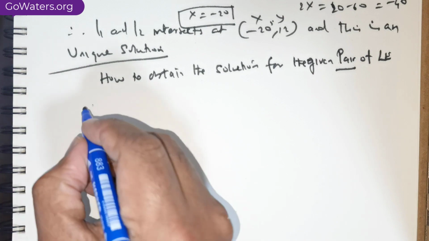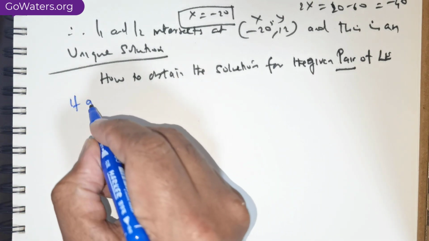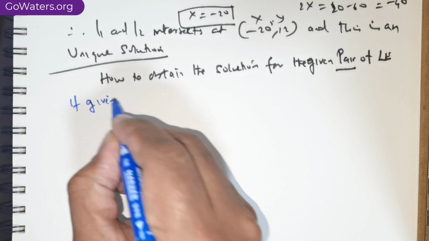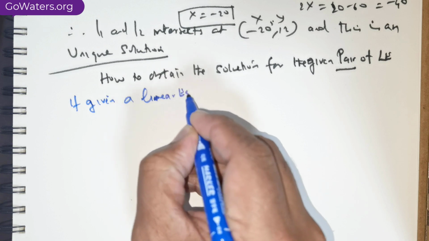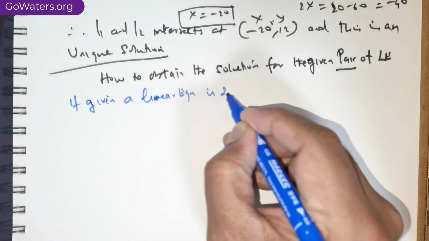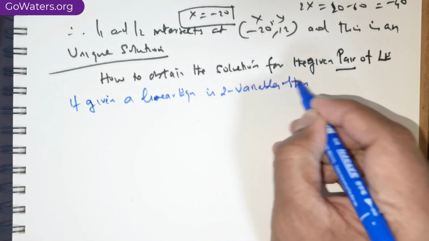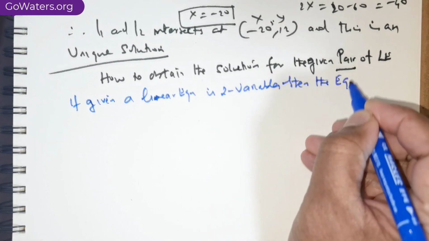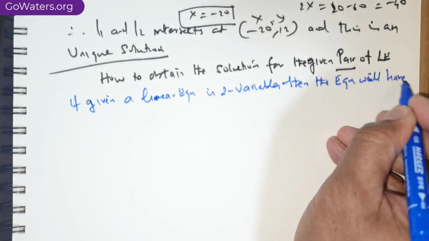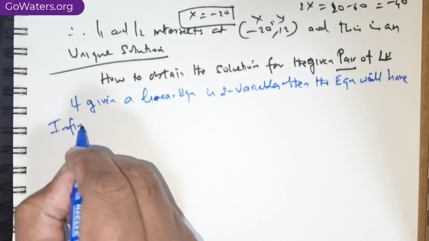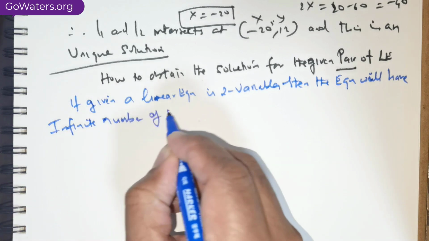Because remember, if you are just given a linear equation in two variables, then the equation will have infinite number of solutions.